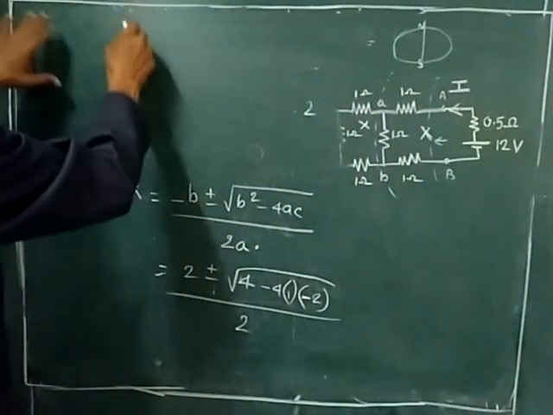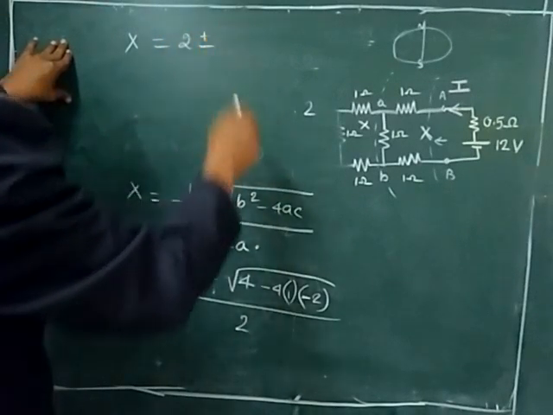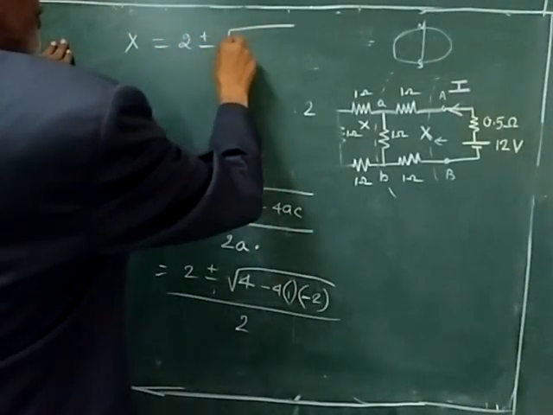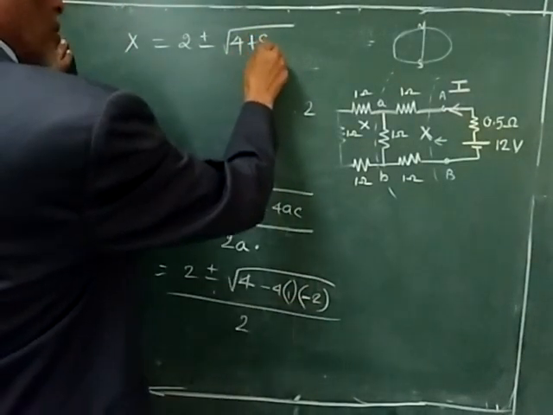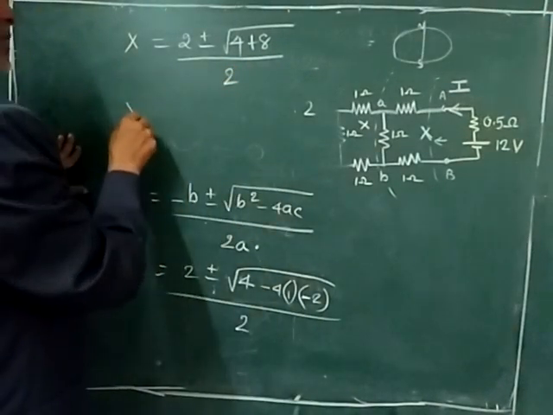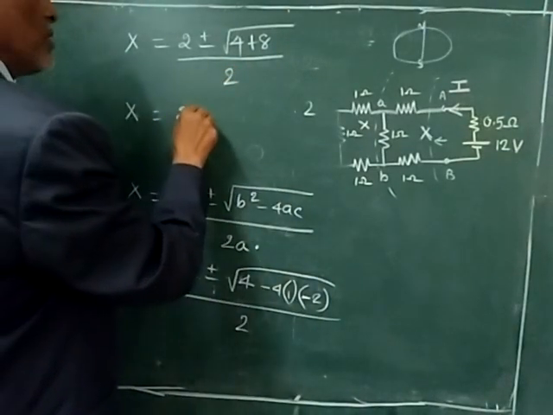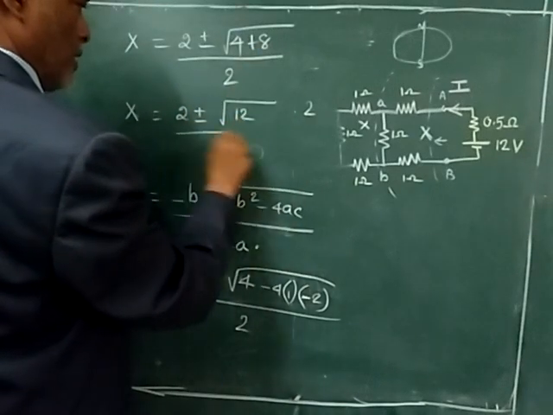So x is equal to 2 plus or minus root of 4 minus into minus plus 4, 2 fours are 8, by 2. Now x is equal to 2 plus or minus root of 8 plus 4, 12, divided by 2.